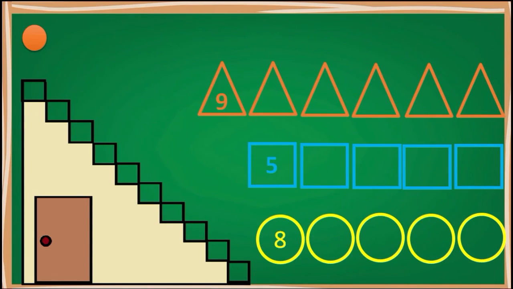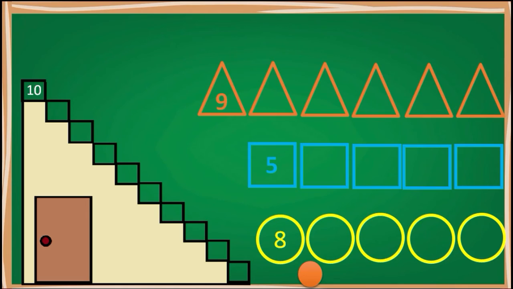Activity number 2. In this picture, we can see a staircase and the ball is coming down the stairs. Now we see number 10 is written on the top step. We will now count the steps backward.